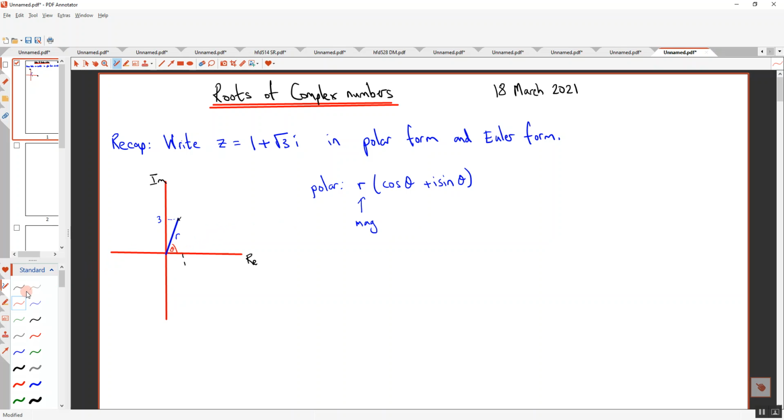Okay, so r is easy enough to work out. So r is, sorry, root 3, shouldn't it? So r is the square root of 3 squared plus 1 squared. R is the square root of 10.